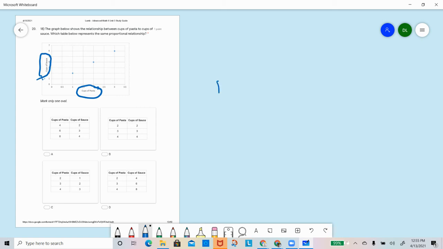Well, it looks like we have 1 on the X and 2 on the Y, right? 1 to 2. Oh, let me write that as an actual 1, 2. And then we have, except it's hard for me to read it, so let's get rid of that little line there. We have 2 to 4, and we have 3 to 6.